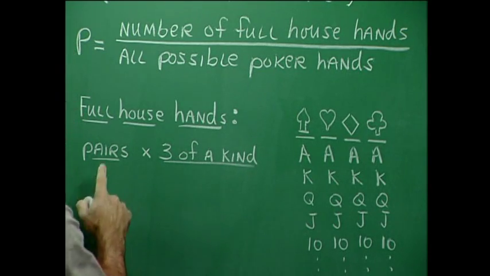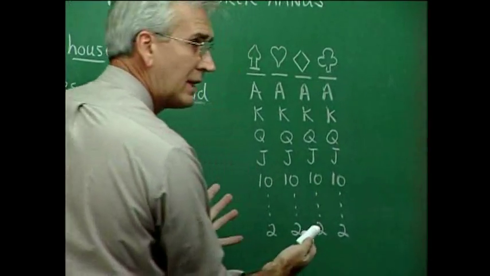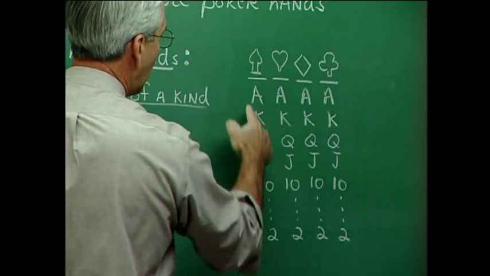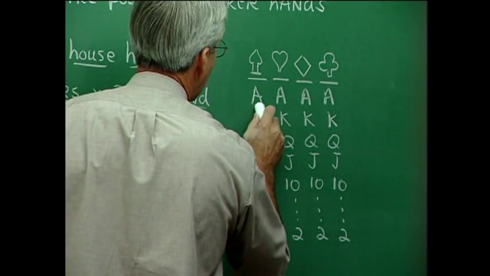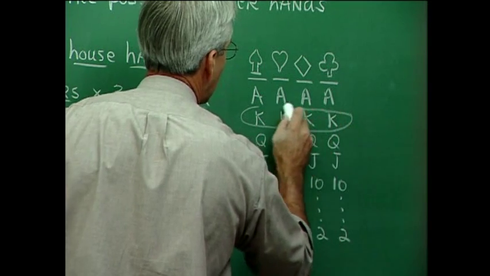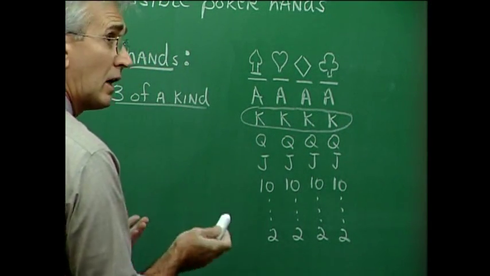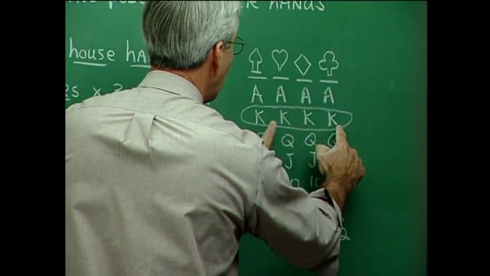Well, let's go over here and think about that. Now, here's the structure of a deck of cards. We have spades, hearts, diamonds, clubs. In each one, we have ace, king, queen, jack, 10, all the way down to 2. All right, now consider just the kings. If we consider just the kings, then how many pairs are possible with just the kings? You see, now we could have these 2, we could have those 2, we could have these 2.